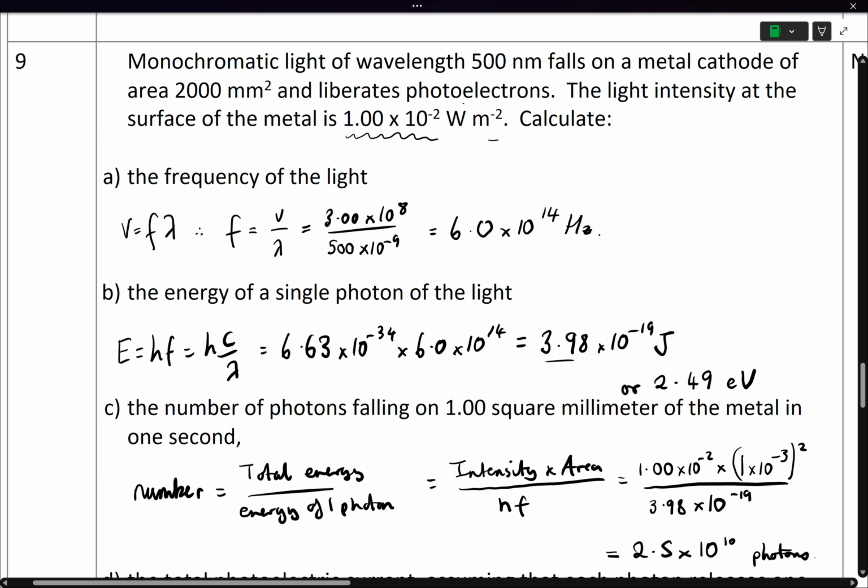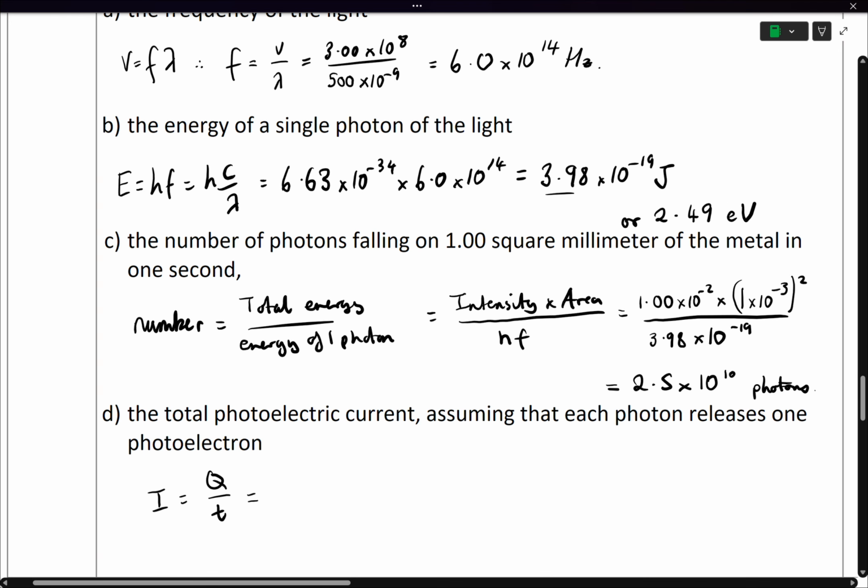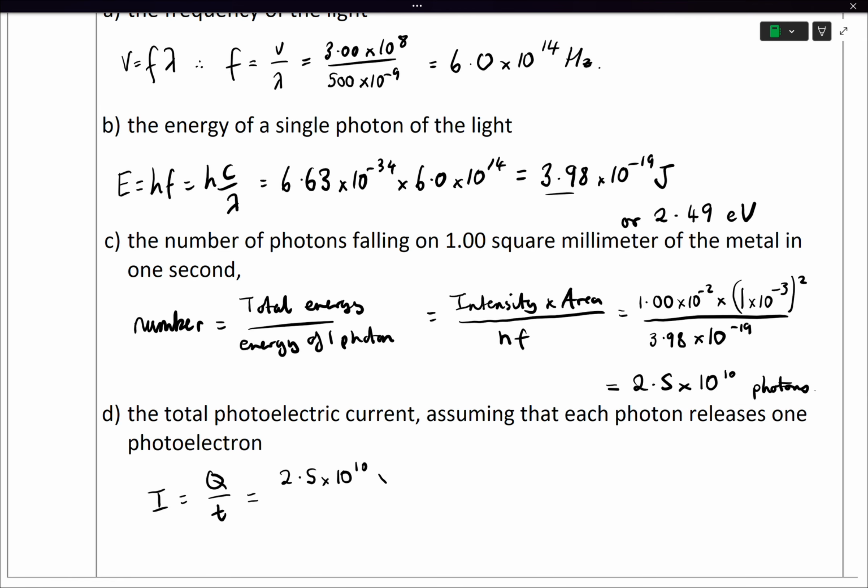The area of our plate is 2000 square millimeters, so we need to do the number of photoelectrons in 1 square millimeter multiplied by the 2000 square millimeters that we have, multiplied by the charge of each photoelectron, and that's happening in 1 second.